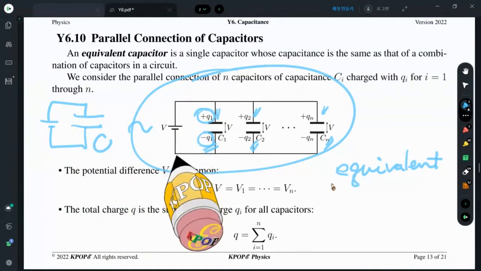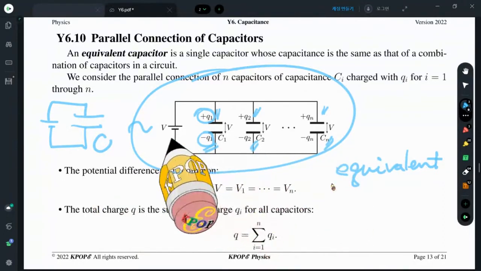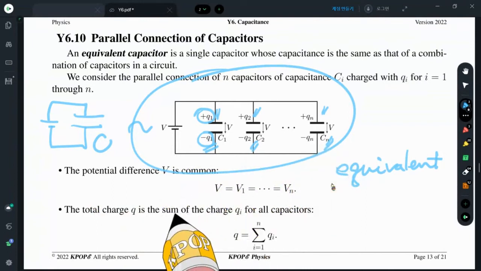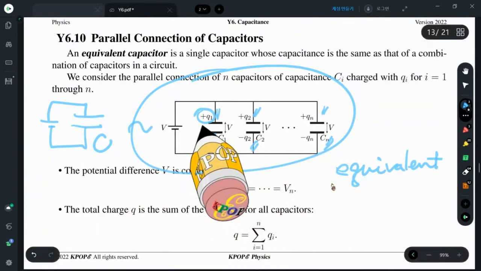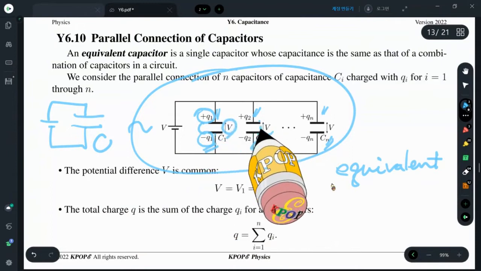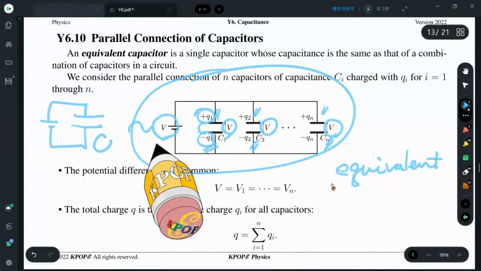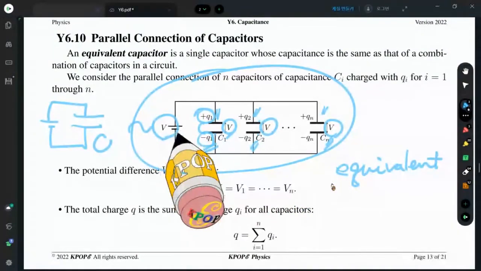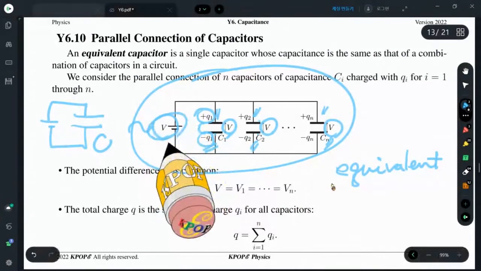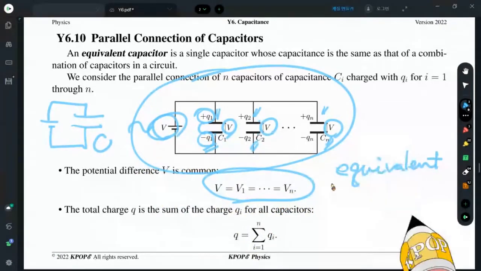Anyway, any wire without any element is assumed to have the same electrostatic potential. So the potential difference from here to there must be the same as the potential difference between the two terminals of a battery. So V is constant everywhere.